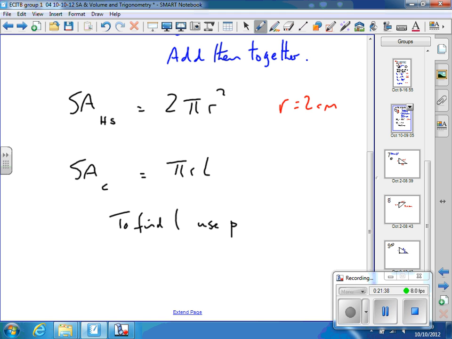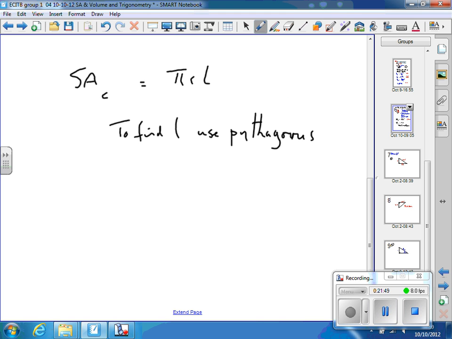Okay? So to find L, use Pythagoras. Again, I'd write this down, what I'm going to do, so when I'm reading it later, or you're giving it into me, I can read it. This is what you're doing. I'd even draw it. We've got the height, and we want this distance here. We want L. That's 3. This is 2. So what would I do to find L?